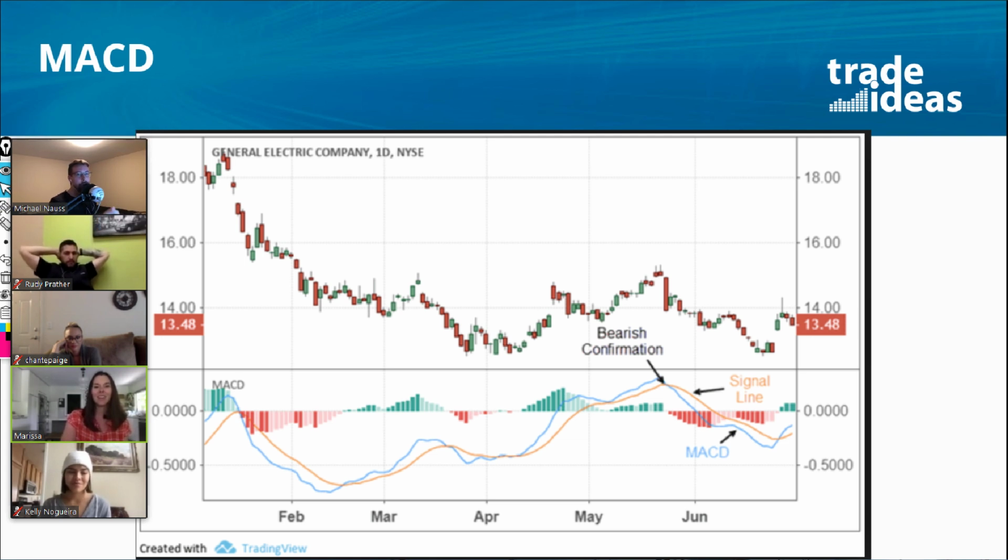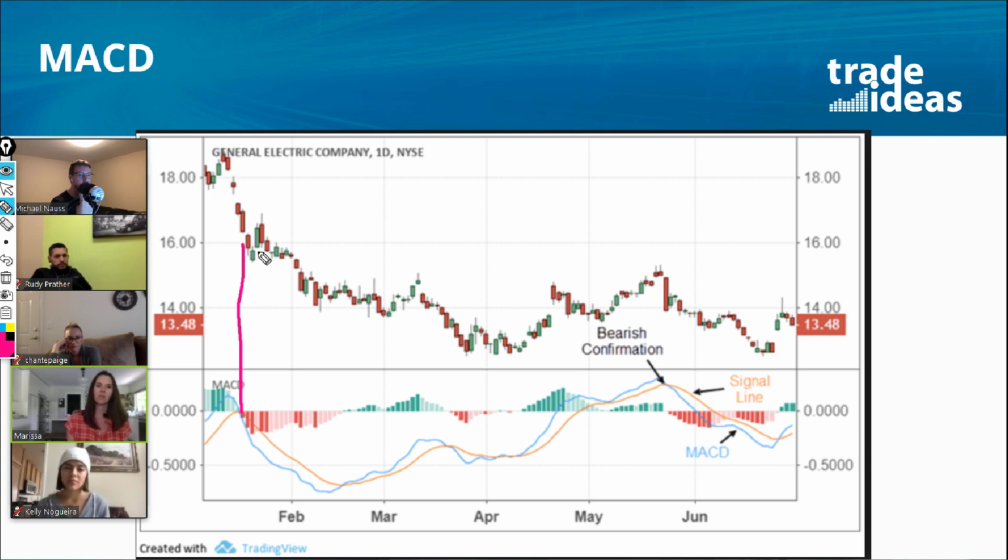So what the MACD is essentially looking at is the distance between two moving averages. The moving averages we talked about at the beginning: you can do a 10-day if you want to know what the average of the last 10 days was, or a 20-day or a 50-day. What this does is it takes two different time frames and compares the distance between the two.